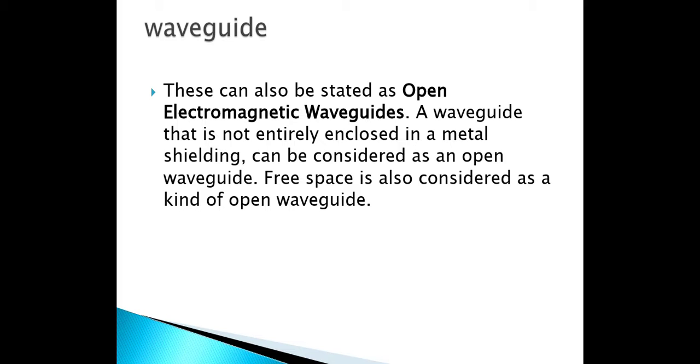These can also be stated as open electromagnetic waveguides. A waveguide that is not entirely enclosed in a metal shielding can be considered as an open waveguide. Free space is also considered as a kind of open waveguide.